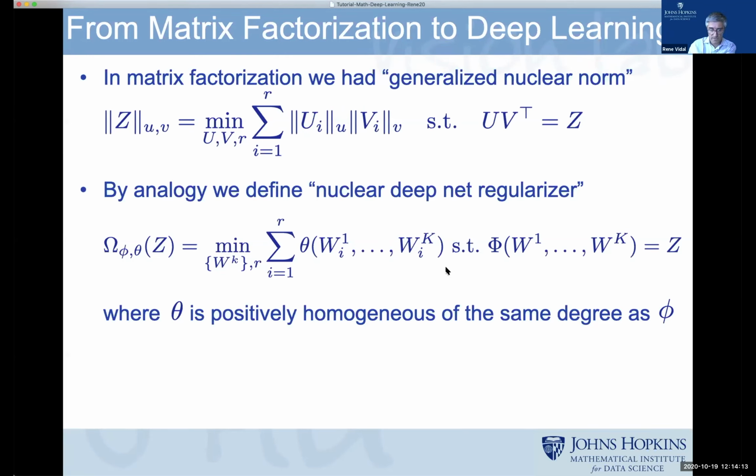So the degree of the regularizer needs to be the same as the degree of the subnetworks. And then I'm going to minimize with respect to all possible such weights and also with respect to the number of parallel subnetworks. And I'm going to think of that as now some function of Z. Okay. And that function, of course, depends on my product map and on my regularization map.